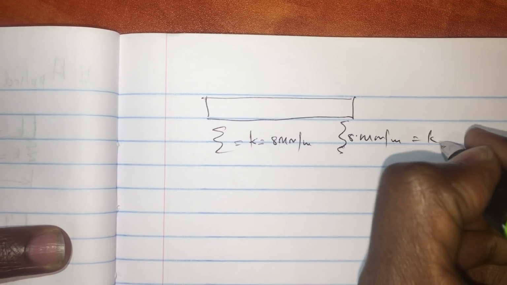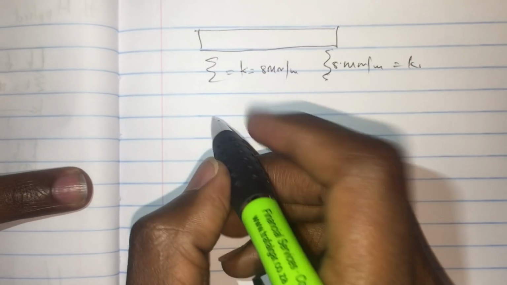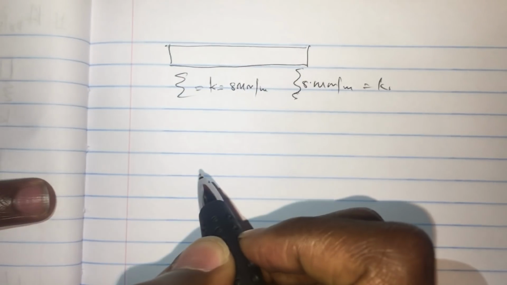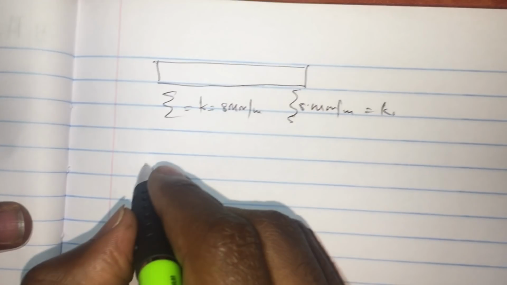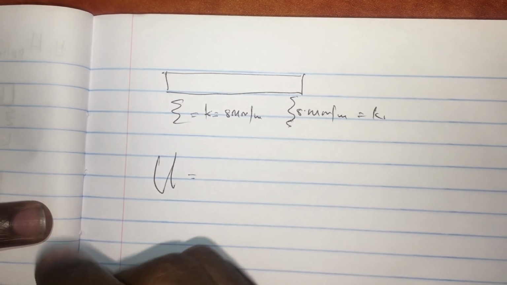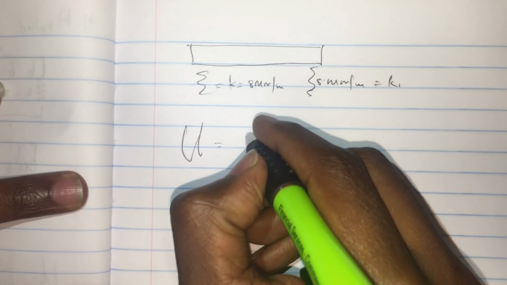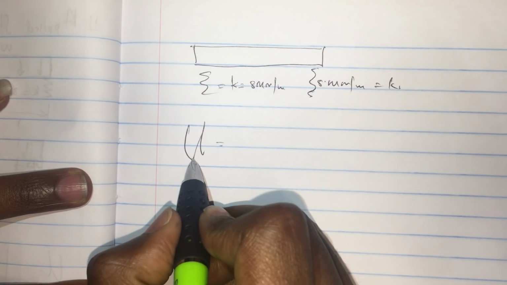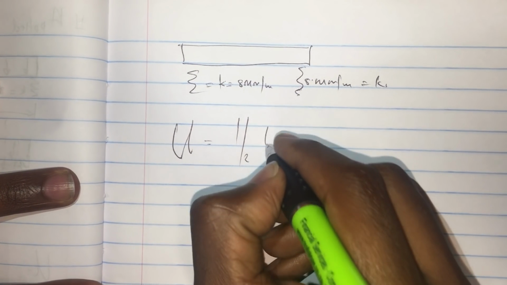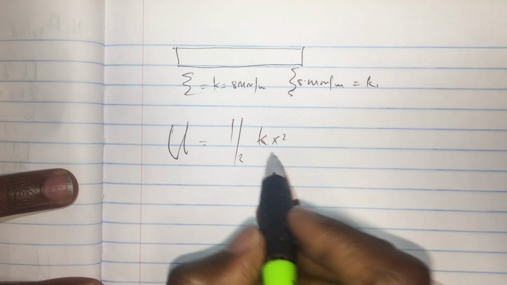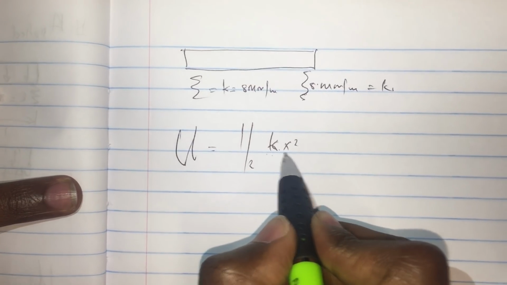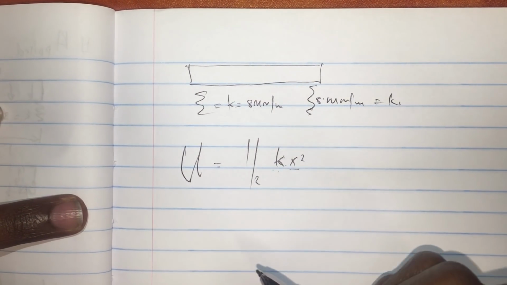To find the total strain energy of a spring, the equation is total strain energy equal to half kx squared, K being the spring constant and x being the deflection that is taking place in the spring.